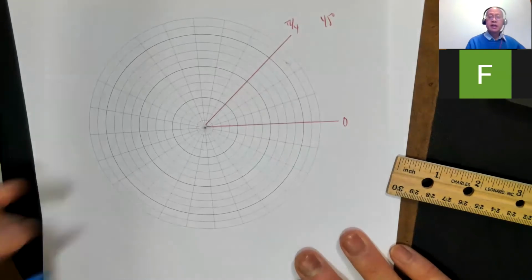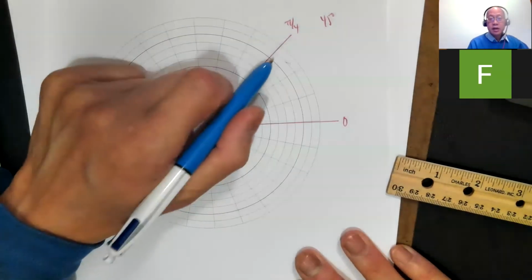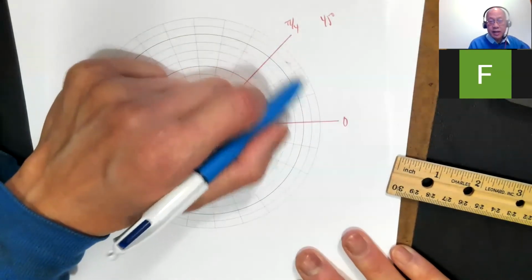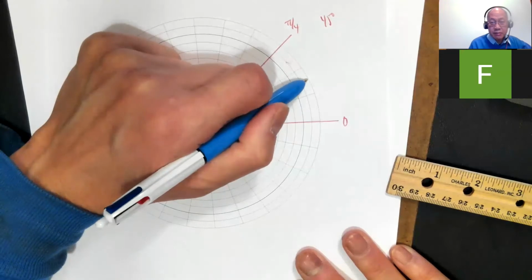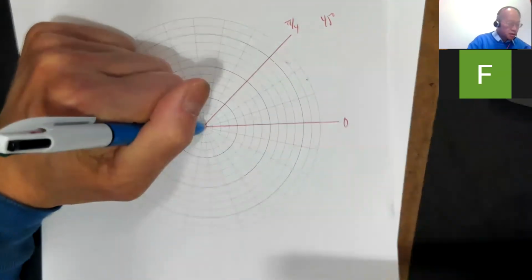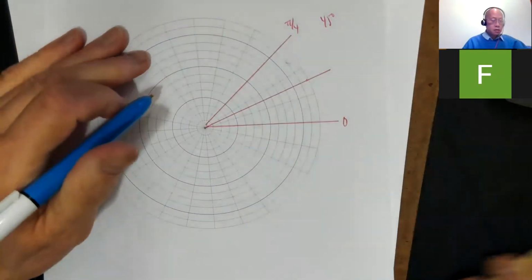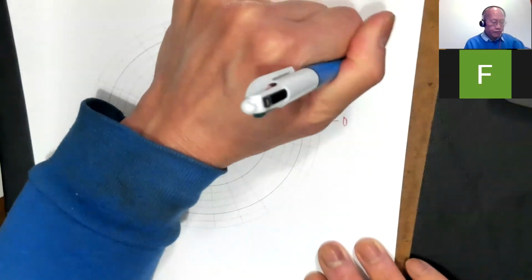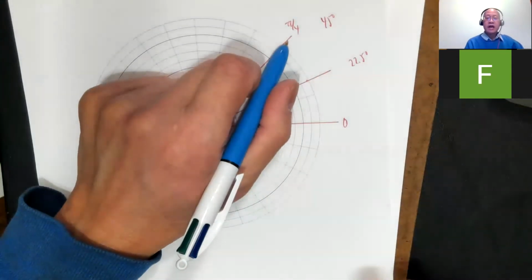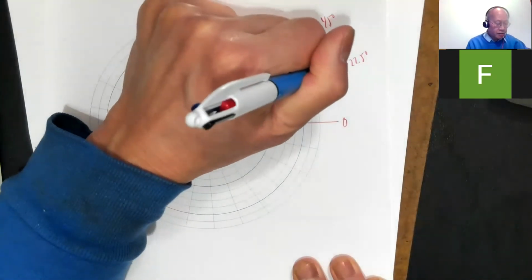Okay, now the one I already did in class, there was a 2 theta. So we had to go halfway between these three, 1, 2, 3. So that's maybe like there. (22.5 degrees). And half of pi over 4 is pi over 8.